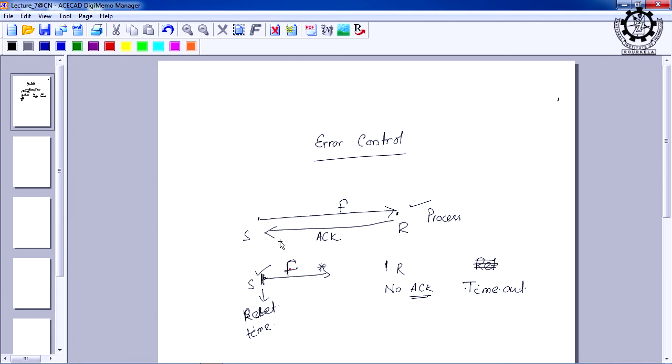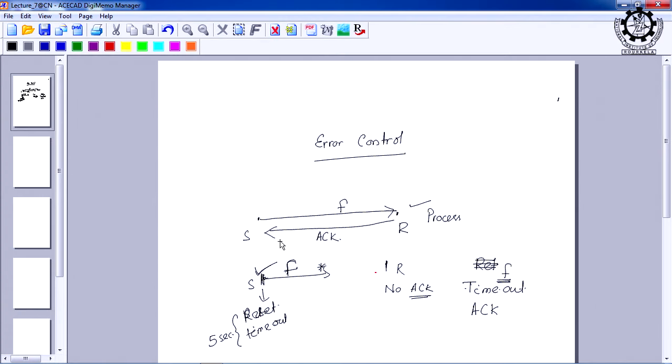That means every frame is associated with a timeout period. Every frame is associated with an acknowledgement, as we have seen. So, when the frame is transmitted, the sender restarts its timeout period. Let us say the timeout period is 5 seconds, meaning the sender is expecting an acknowledgement from the receiver within the next 5 seconds. If it does not come, the sender understands that the frame that I have transmitted has not been delivered to the receiver.